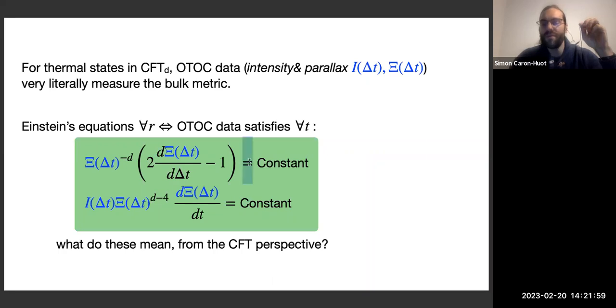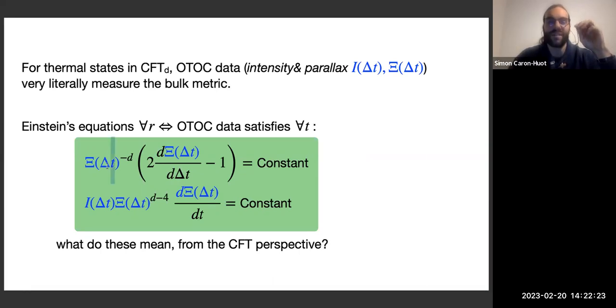It would be very, very interesting to be able to derive those from the CFT perspective. If you know these two equations for all times t, it's equivalent to having the Einstein equation for all radius r. So if you could derive this equation, effectively you will have bootstrapped the geometry of a black hole in AdS.